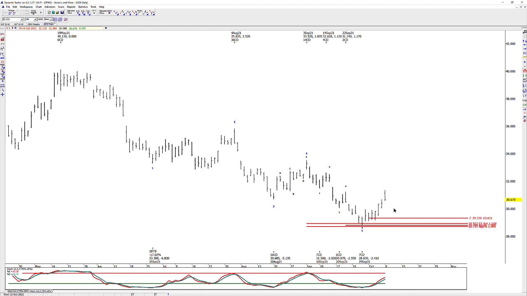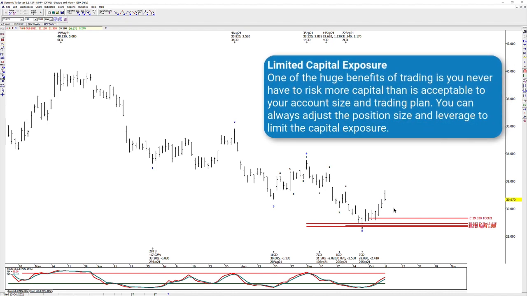And again, you can always adjust the position size and the leverage so you never have more capital exposure than what your account size and your trading plan call for. So there's never an excuse not to take advantage of a nice setup like we have here.